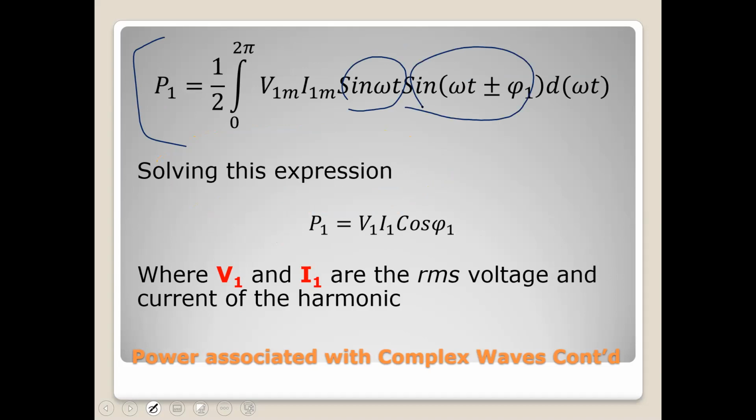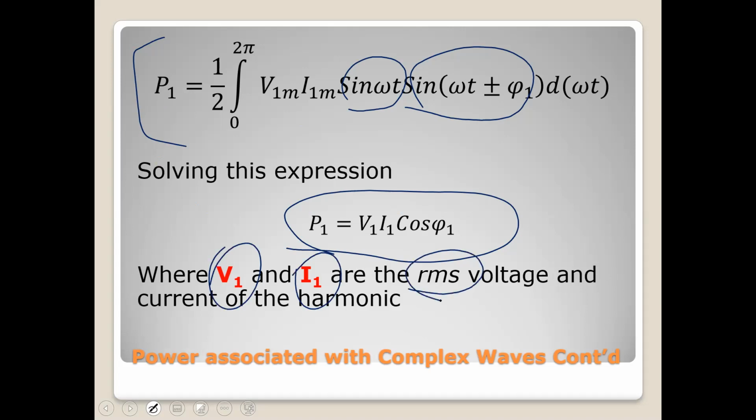All right. When we solve this over the range 0 to 2 pi, we get P1 to be equal to V1 I1 cos phi 1, where V1 and I1 are the RMS voltage and current of the harmonic. So in other words, V1 would be equal to V1m over root 2, and I1 would be equal to I1m over root 2. All right, so it's the RMS values. That's important. Any question?